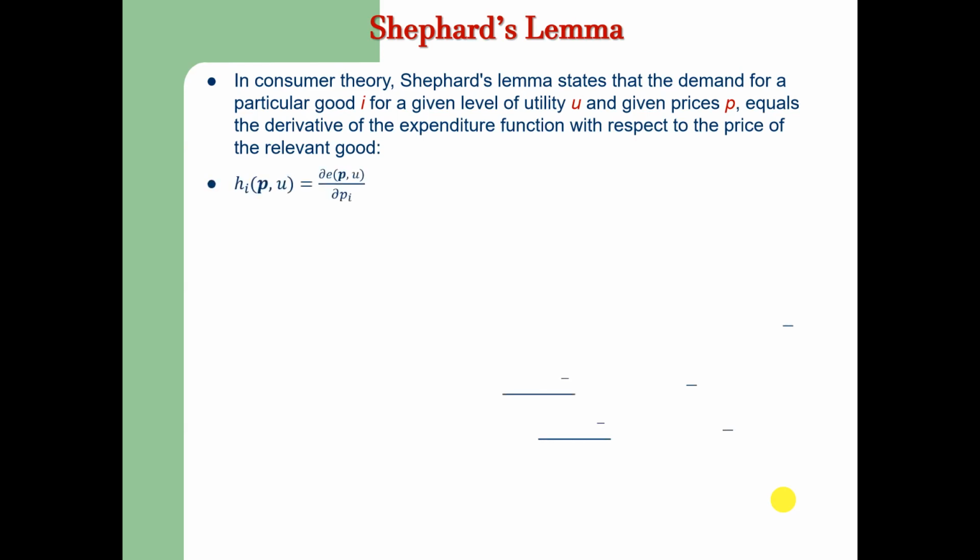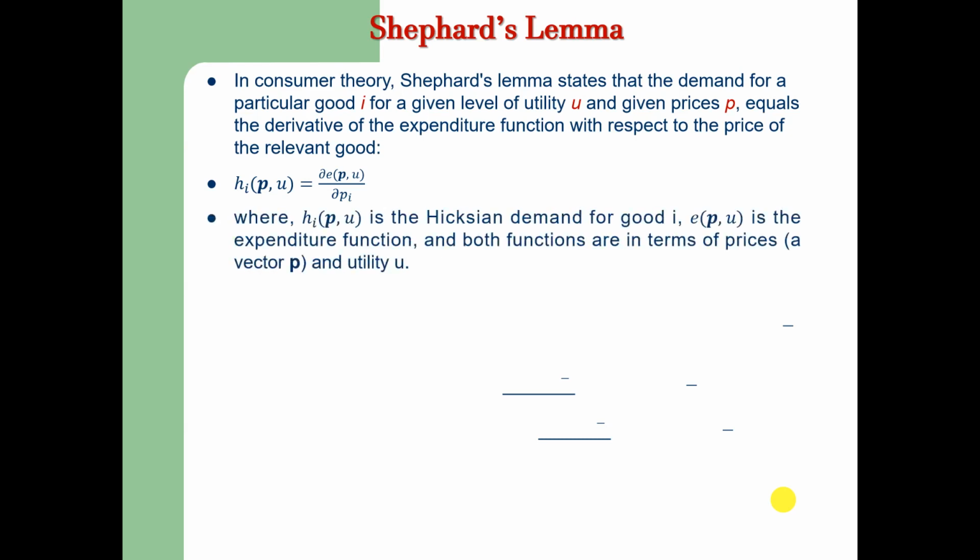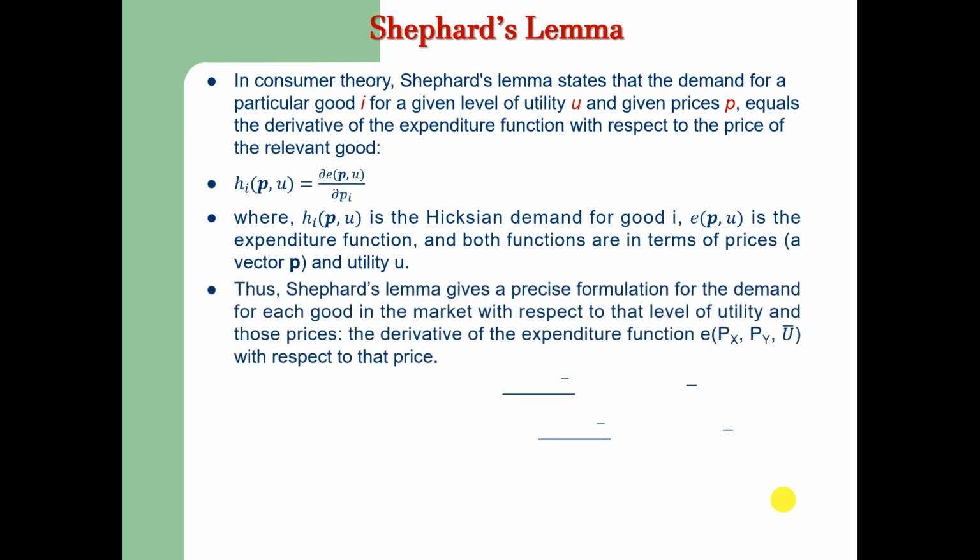That is, h_i(P, U) is equal to the partial derivative of the expenditure function with respect to price of i, is the Hicksian demand for the ith good, where h_i(P, U) is the Hicksian demand for good i, E is the expenditure function, and both functions are in terms of a vector P of prices and utility U. Thus, Shephard's lemma gives a precise formulation for the demand of each good in the market with respect to that level of utility and those prices.